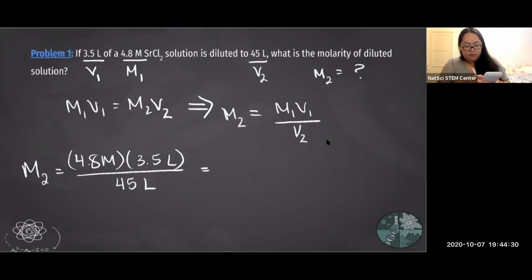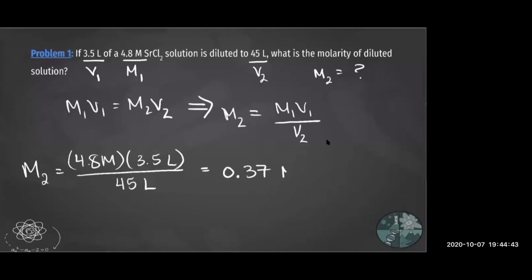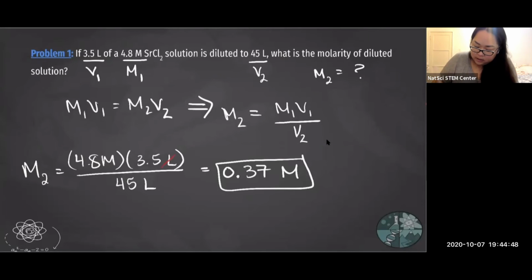When you do the math, 4.8 times 3.5 divided by 45, it's 0.37. Yeah, 0.37. So you want two sig figs, and it'd be molarity. And you'll see that your units cancel out.